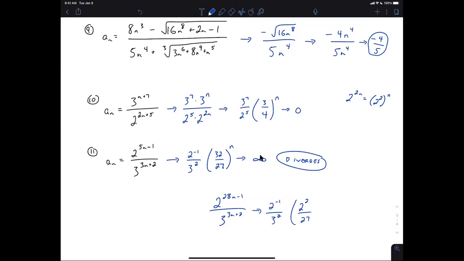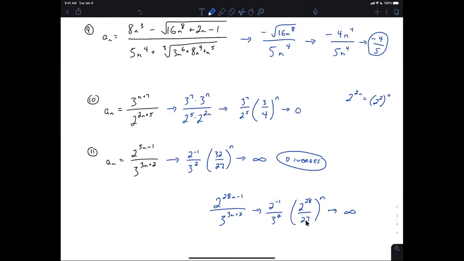You're just saying you can't compute 2 to the 28th without a calculator, right? But you probably understand that 2 to the 28th is bigger than 27. Perfectly good question, not trying to say anything bad about it. You don't have to figure out that it's 32, as long as you can tell which one's bigger. So that goes to infinity.